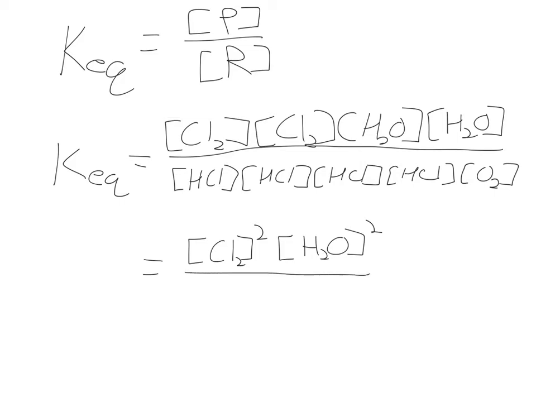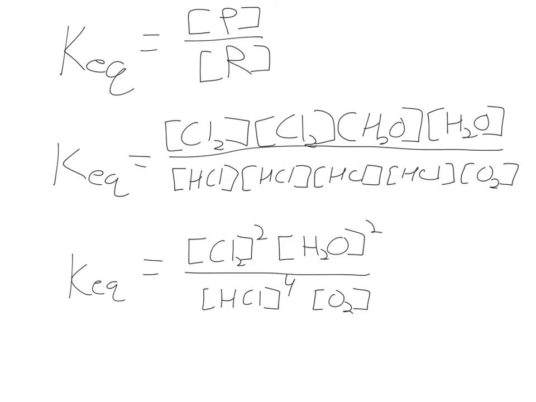On bottom there are 4 HCl's, so that'll be the concentration of HCl to the 4th, and then O2 is just by himself. That is my equilibrium constant expression. The concentration of the chloride squared times the concentration of the water vapor squared divided by the concentration of the hydrochloric acid or hydrogen chloride gas to the 4th and divided by the concentration of oxygen.